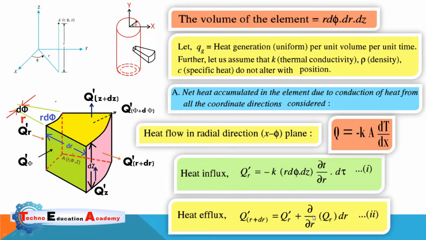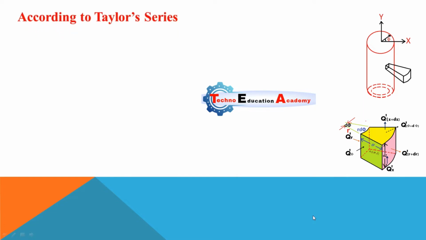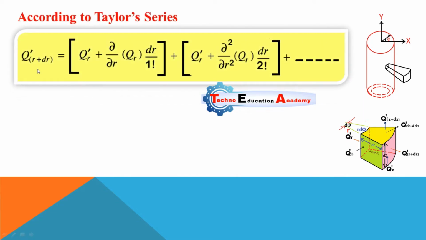According to the Taylor series, the expansion of Q'r+dr equals Q'r plus del by del r of Qr into dr by 1 factorial, plus del square by del r square of Qr into dr square by 2 factorial, plus 3 factorial, plus 4 factorial, and so on to infinity.